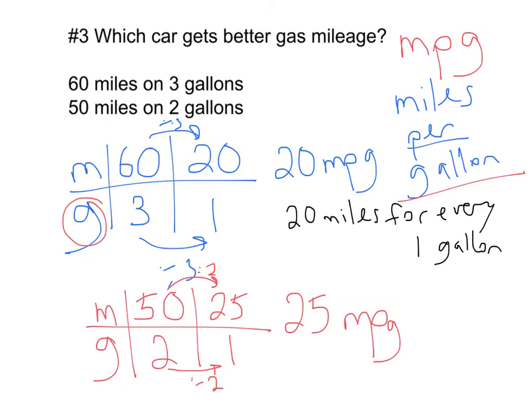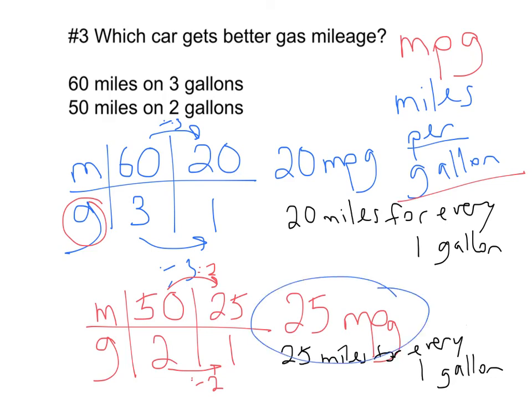But 25 miles per gallon, I can go 25 miles for every 1 gallon. That's actually better. I want to go further for each gallon. So it turns out that 25 mpg, which came from the 50 miles on 2 gallons, is the best choice.